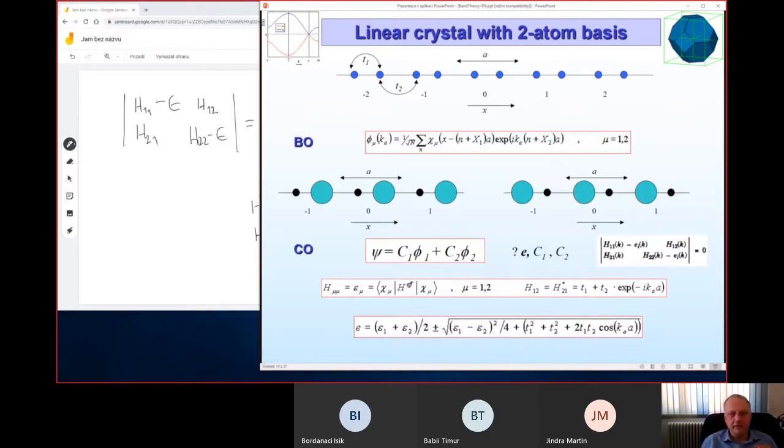But now consider this example where we have, let's say, the displacement of atoms within a given crystal, which is actually a very frequent case.